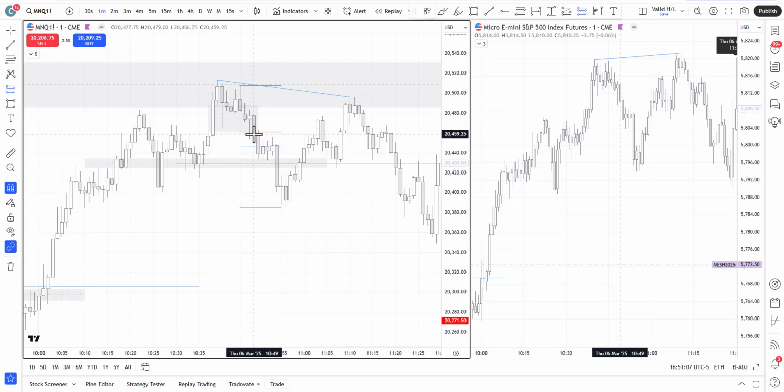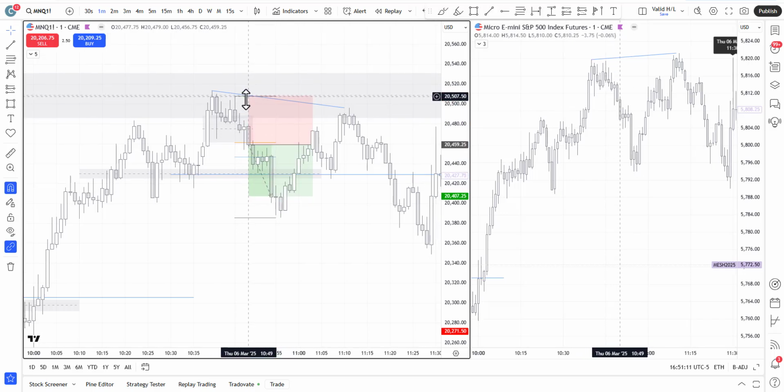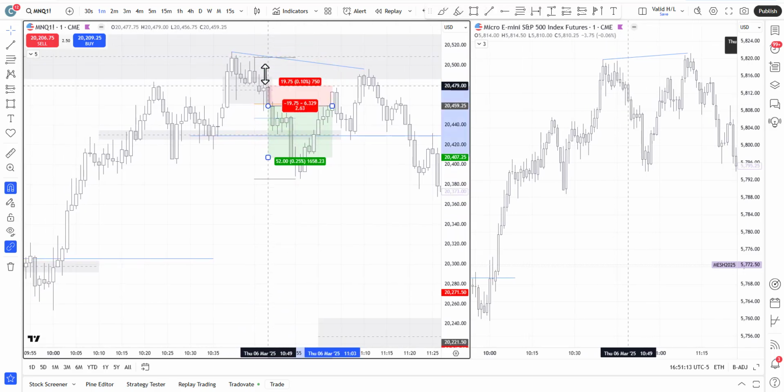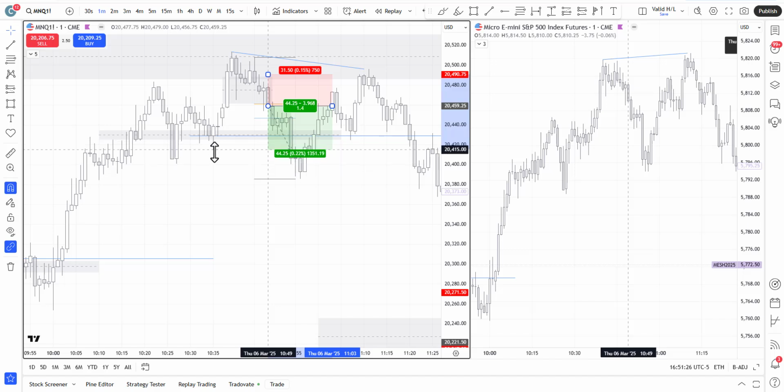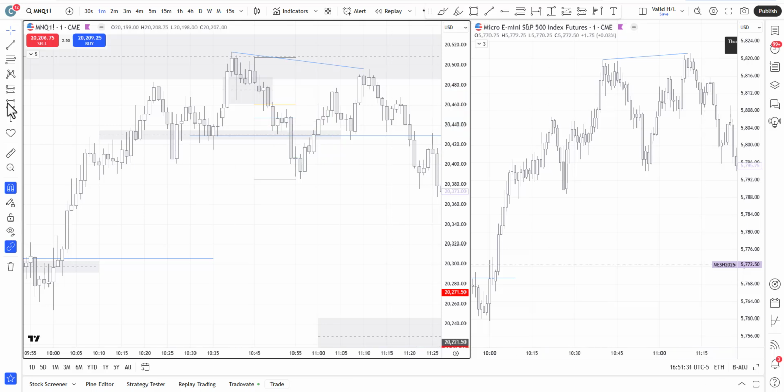So you trade the close, stop here, oh no, sorry, stop above. I take the last wick before entering, let's say the last wick above the gap, and then targeting this wick or maybe even this wick. This wick is the safest, highest probability, and you can do the same thing on the way up.